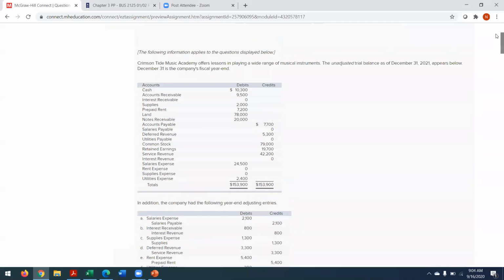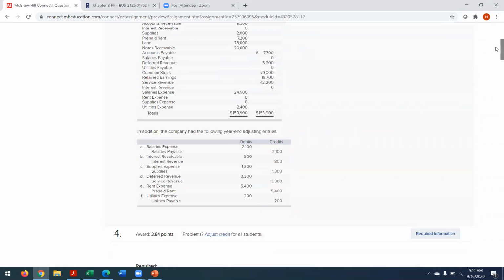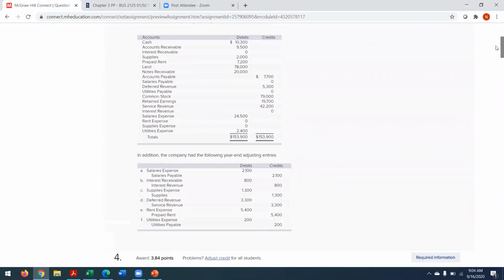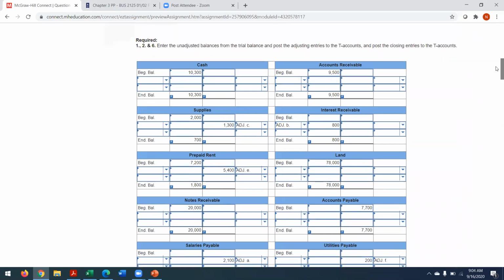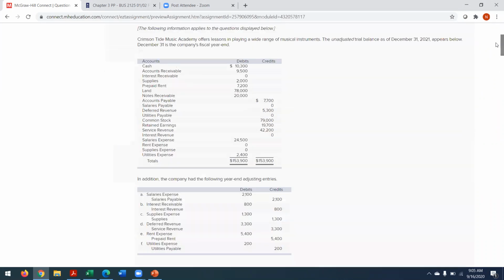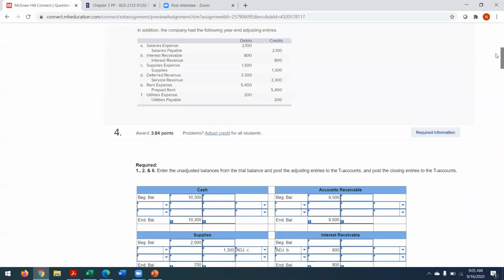Okay, so for this particular problem, the key is to make sure you post the unadjusted trial balance to the various accounts. And then the next step was just to post the adjusting journal entries here, the A through F, to the accounts.